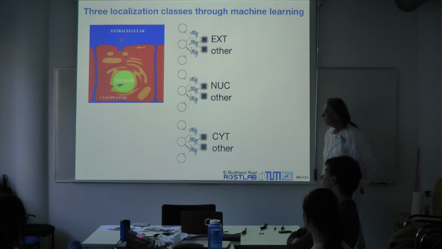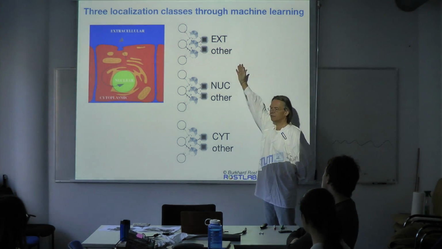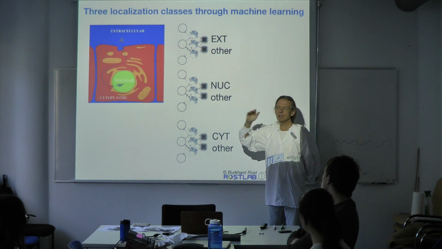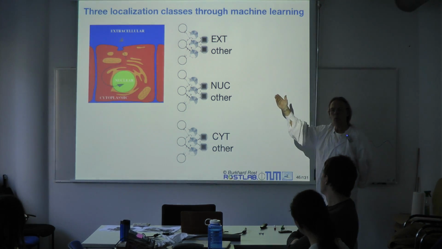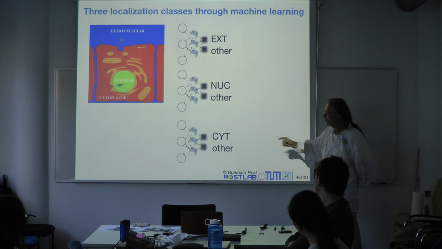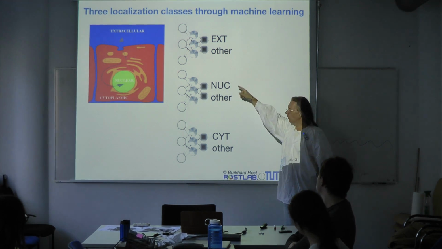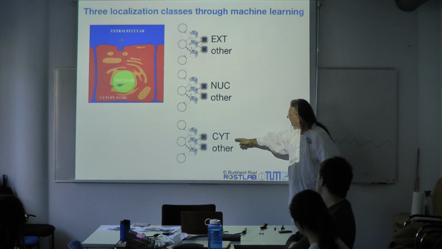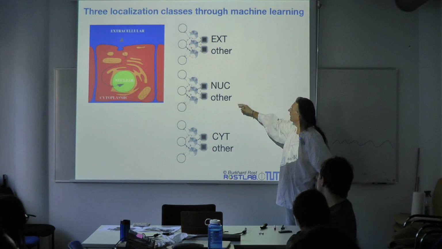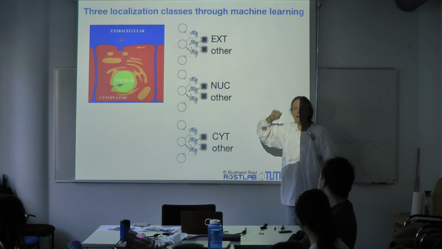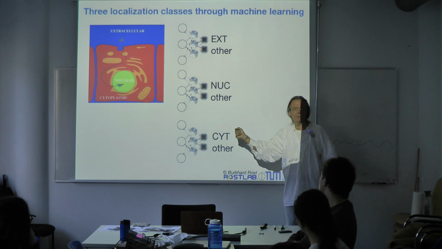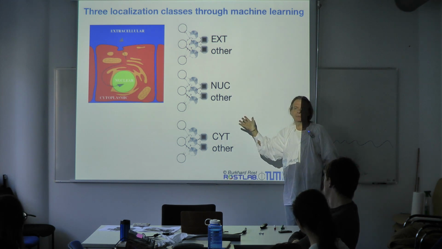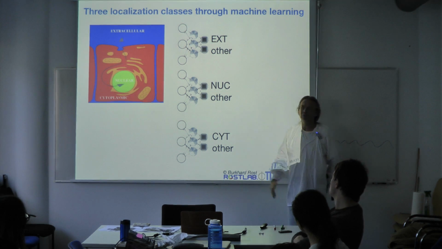So again, the problem is I have 3 different networks. Each one has a prediction, and I want to find out what my final prediction is. So for each of these 3, I know it is cytoplasmic or other, it is nuclear or other, it is cellular or other. But now I want for the one protein to have one final assignment. And again, the simplest way is to choose the highest. What else could I do?